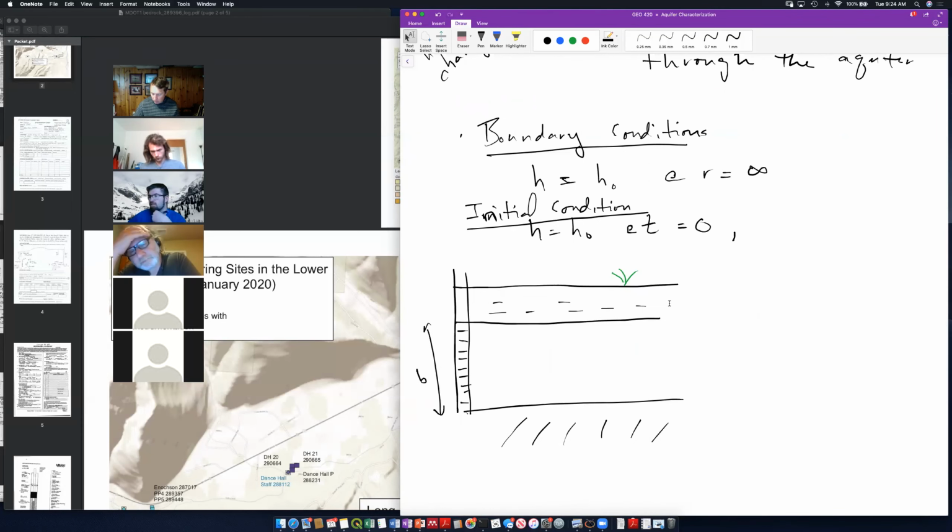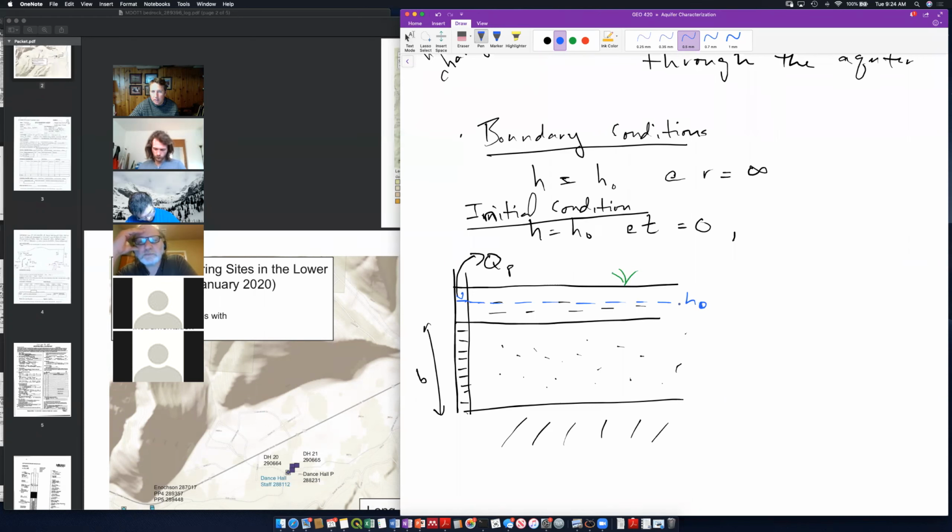Okay, so here's my aquifer of infinite radial extent. I'm pumping at this constant rate Qp. My head, before I start pumping, this is my initial condition.